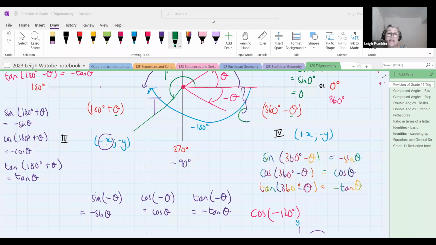It's very difficult, I suppose, if you were lost in trig in grade 10 and grade 11. Essentially, what I'm doing now is a revision of everything that you've learned in trig in grade 10 and grade 11, but I'm doing it in 1 hour. So that is very difficult.